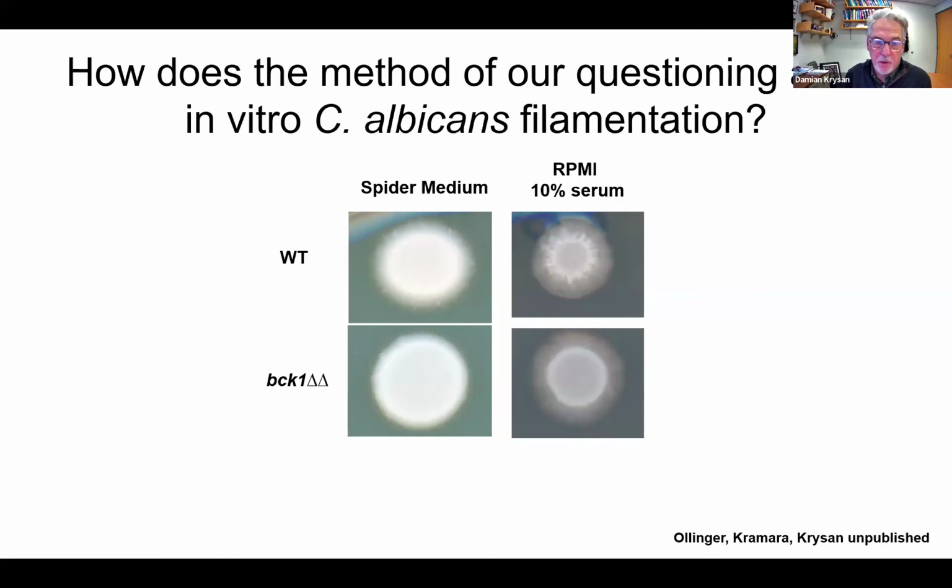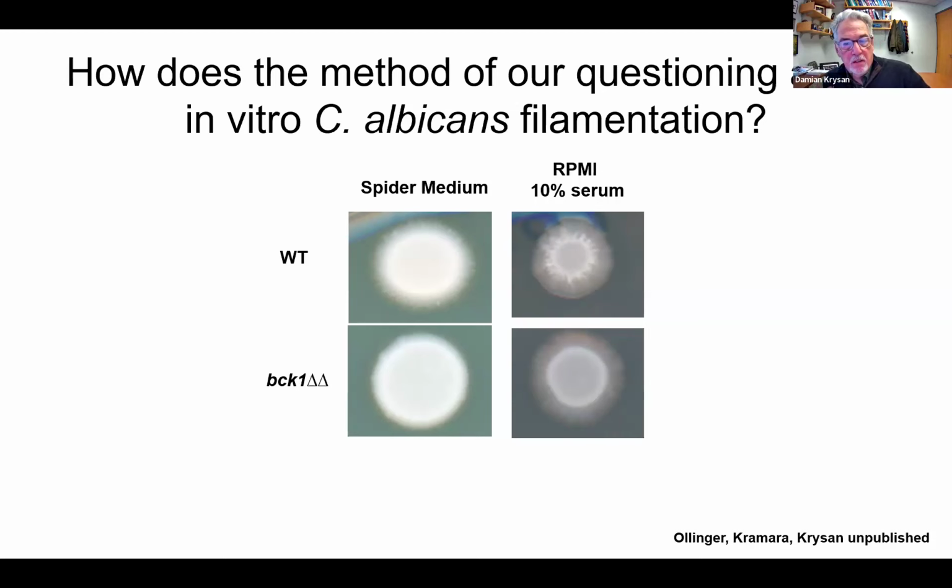So if we took that media, we'd say BCK1 is absolutely required for filamentation in Candida albicans. However, if we switch to RPMI plus 10% serum, as you can see, we have these radiating invasive filaments coming out from the center of the colony in both the wild type and the BCK1 mutant.